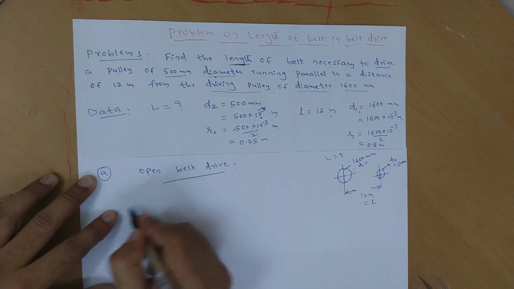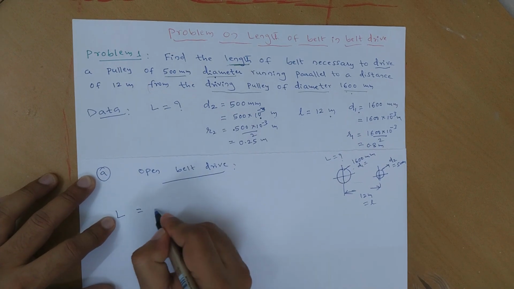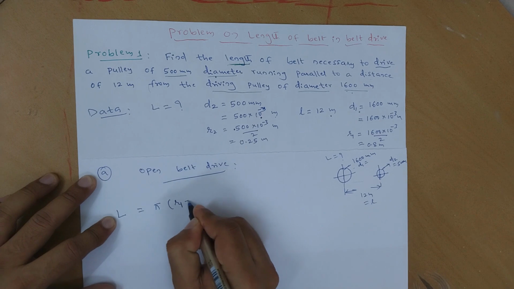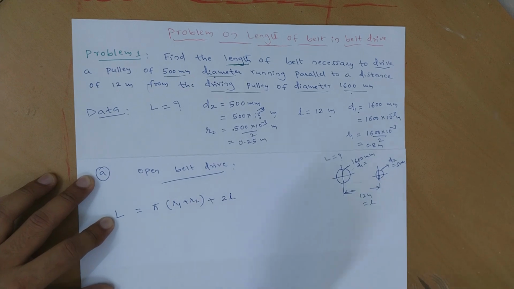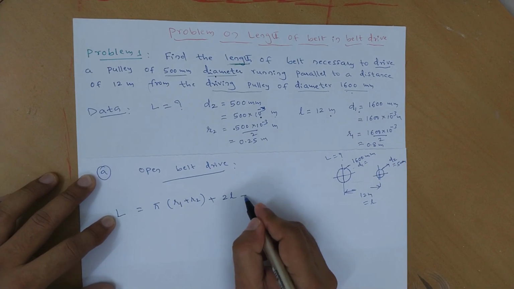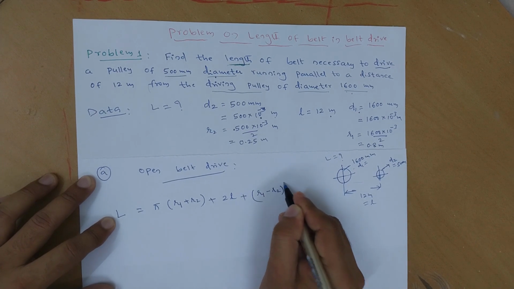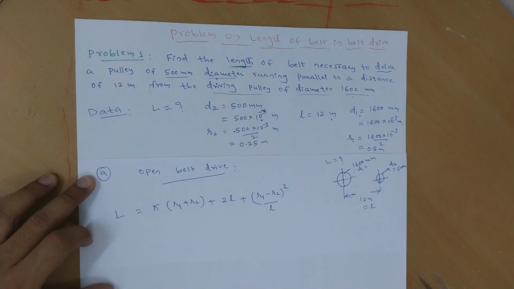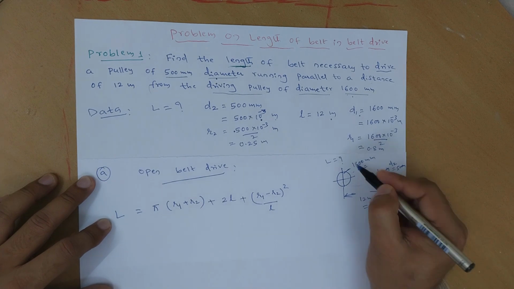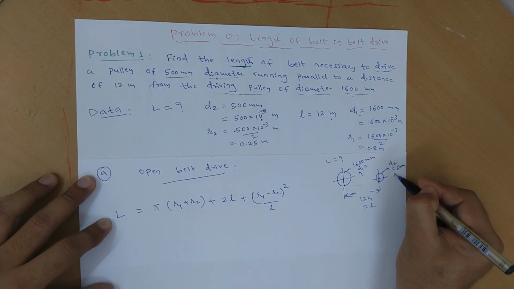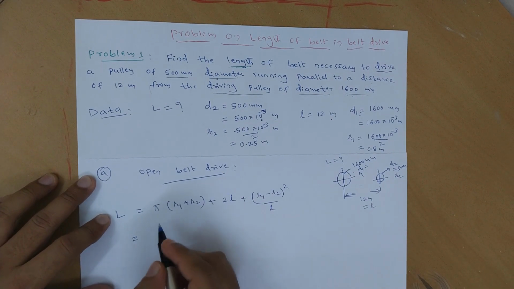For open belt drive, the formula for length, which we derived before, is pi into R1 plus R2, plus 2 times the center distance L, plus R1 minus R2 whole square divided by L. Here R1 is the radius of the bigger pulley, D1, and R2 is the radius of the smaller pulley, D2. Substitute the given values and find the length.